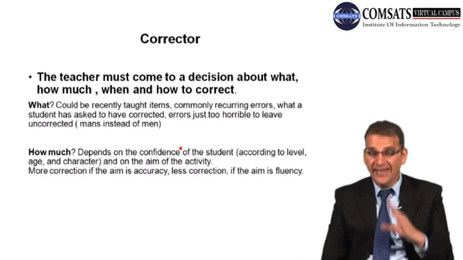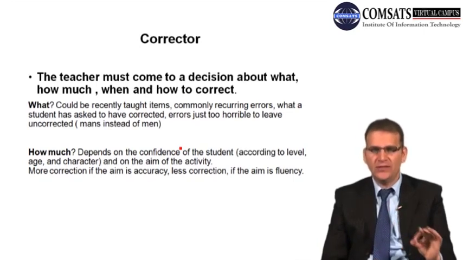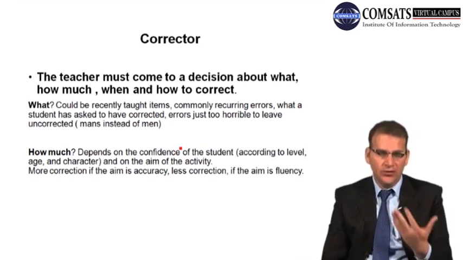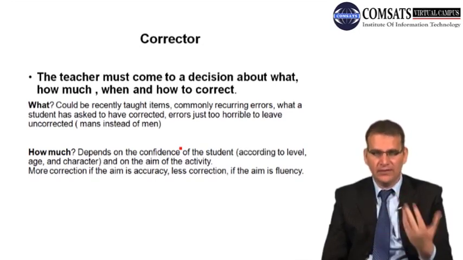If the teacher corrects the students continuously, the students get demotivated, and some students even leave, saying they cannot go on with this class, particularly with adults. So in this case, you can correct, but not that much, of course.